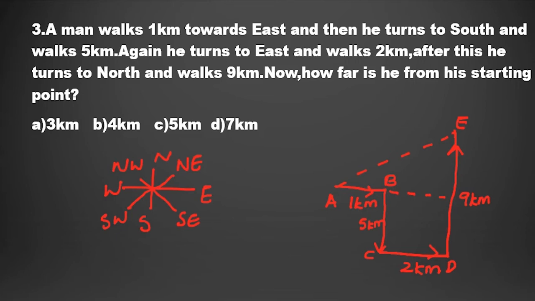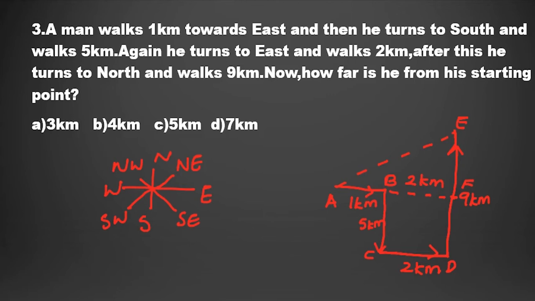From A to B, we know that it is 1 kilometer. Then B to, let this point be F. Then B to F is equal to C to D, same length, 2 kilometers. Then BC is 5 kilometers.